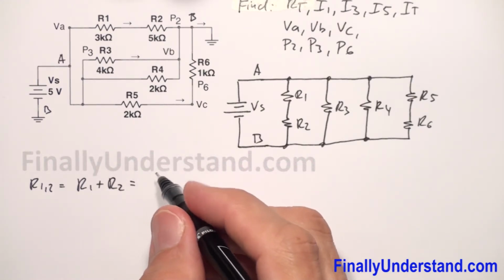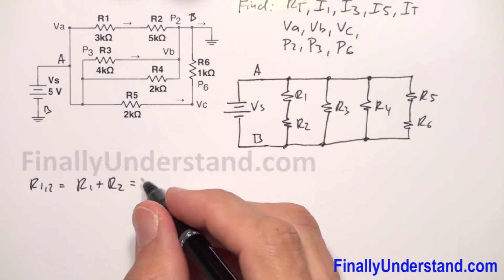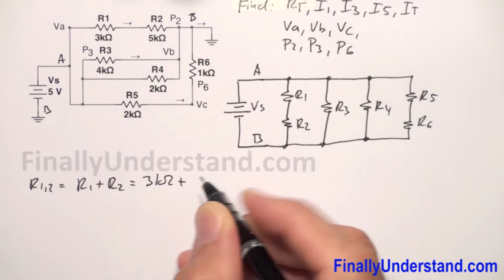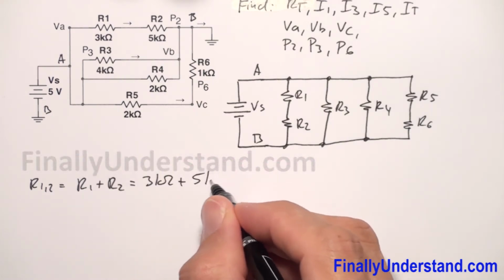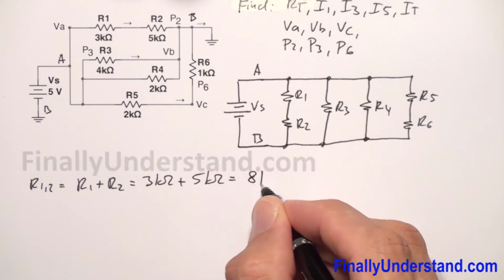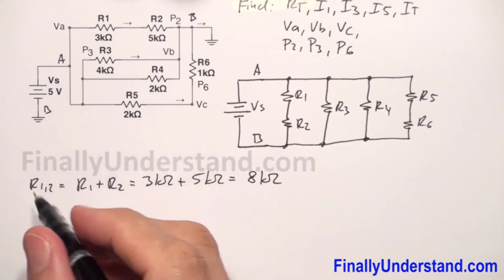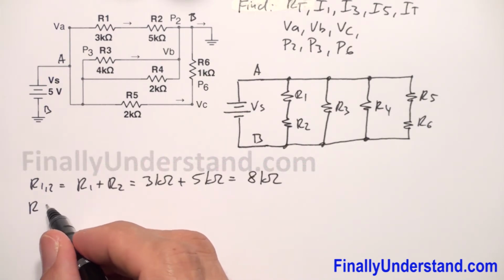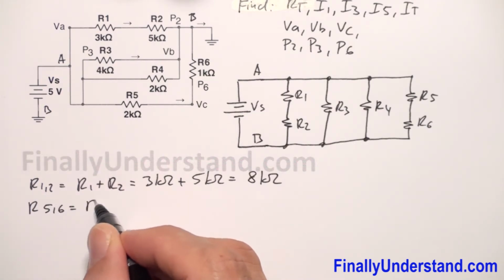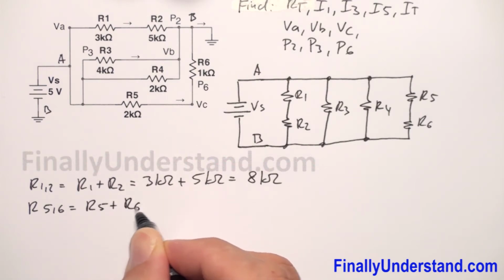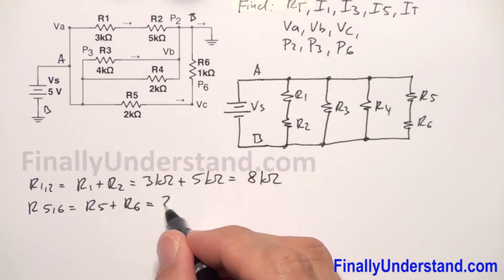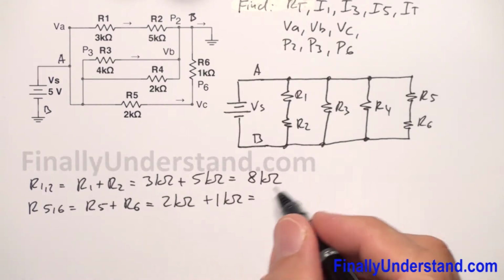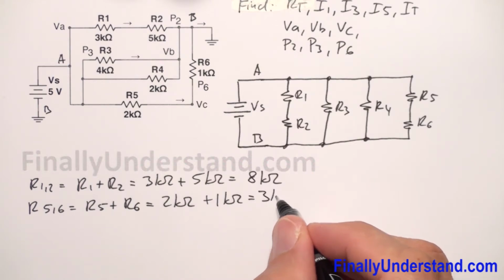R1 is equal 3 kilo ohms plus R2, which is equal 5 kilo ohms. This is equal 8 kilo ohms. Next I'm supposed to find R56. R5 plus R6. R5 is equal 2 kilo ohms plus 1 kilo ohm. This is equal 3 kilo ohms.